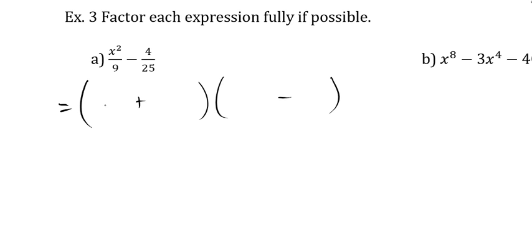So the square root of x squared over 9 is x over 3. And the square root of 4 over 25 is 2 over 5. You're just taking the square root of both things, whether they are fractions or something else. Okay? Any questions about that?